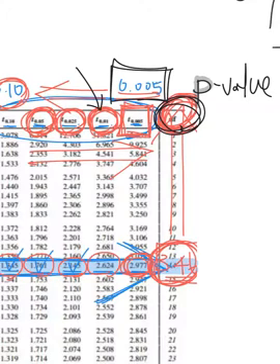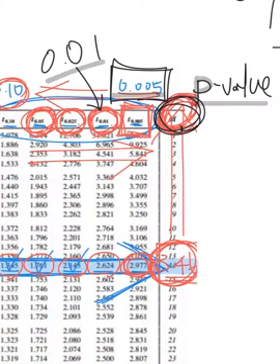This one was 0.01, I'm sorry. It was 0.01, 0.005, and we can expect our p-value is here, to the right. So how do you think? Less than. Thank you, less than.